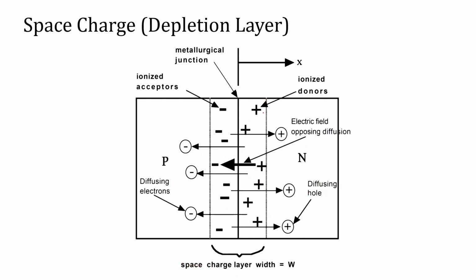Now when a sufficient number of electrons have left the N side and a sufficient number of holes have left the P side, this electric field becomes large enough that it completely stops these movements of charges from P to N and N to P. Then the further movement stops, and finally we are left with this region where there are no charge carriers, and this region has a constant width, let us say W naught.